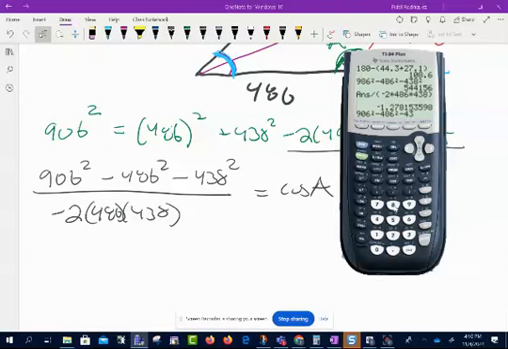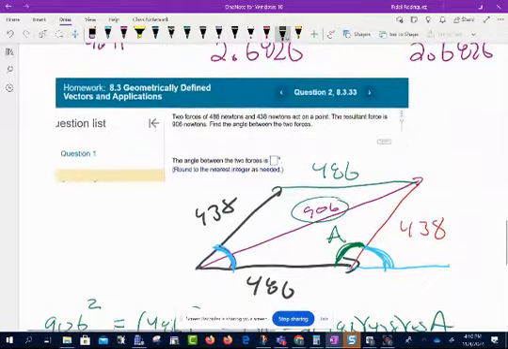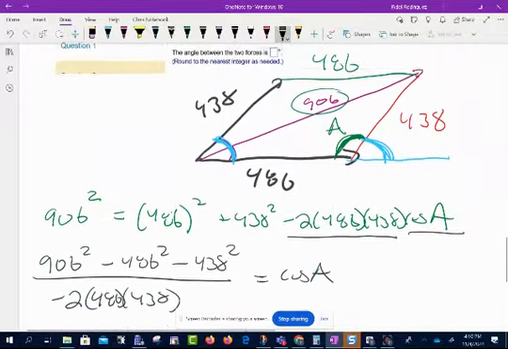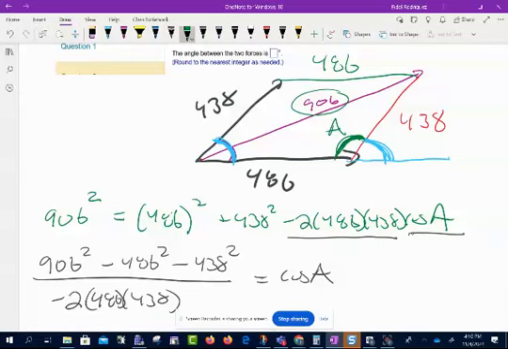Here we go. Okay, now, y'all, we're going to take the cosine inverse of our answer. And, y'all, that is giving me 157.31. So my angle A is 157.31. Rounding to the nearest integer, y'all, what I would say is that my angle A here would be 157.